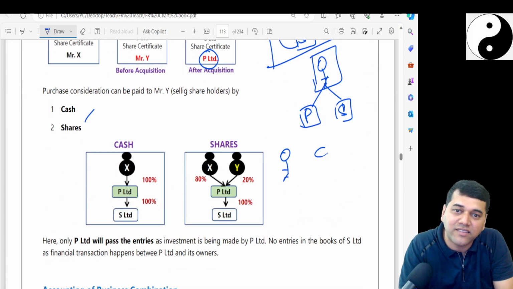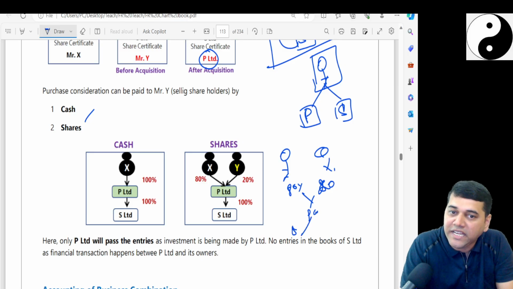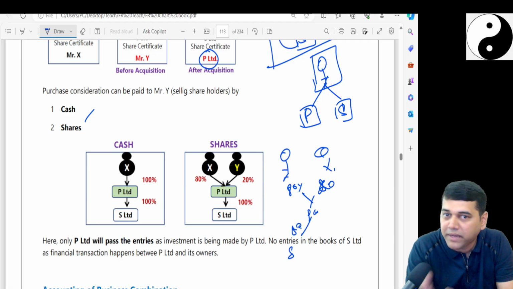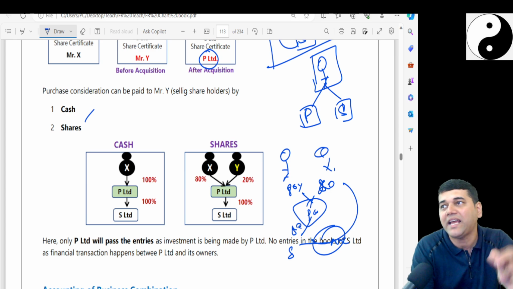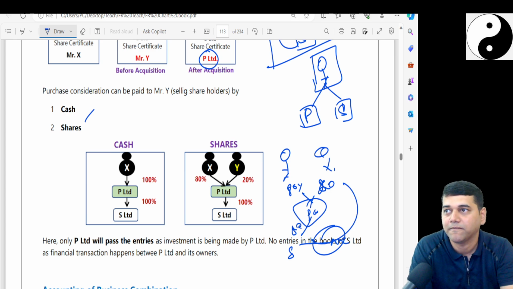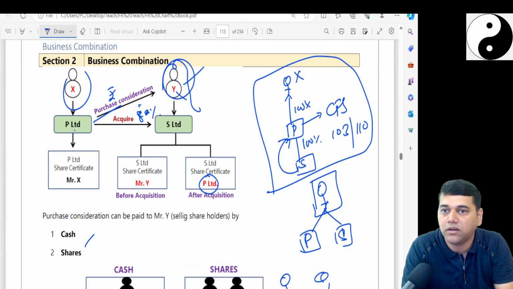The structure will look like this. There is a Mr. X, there is a Mr. Y. X will hold 80%, and Y will hold 20% in P. 80% of S is held by P and the balance 20% is held by NCI. For P Limited, this 20% becomes an NCI. Let me not complicate this.